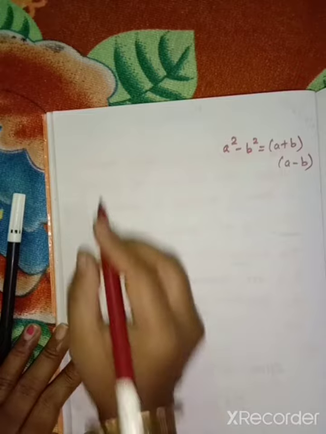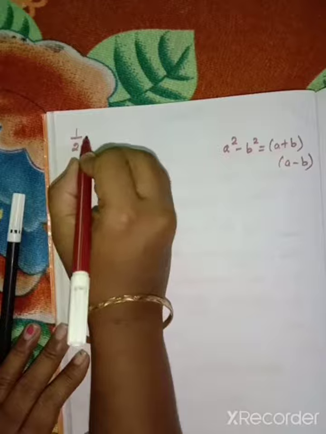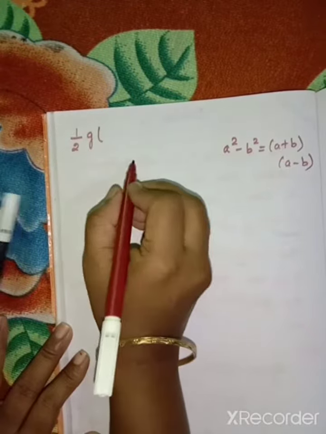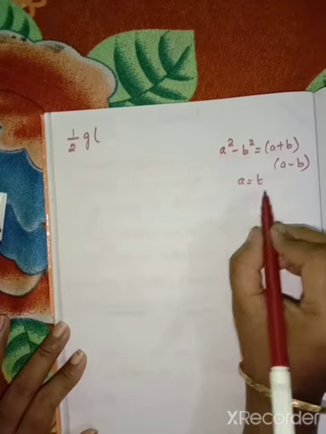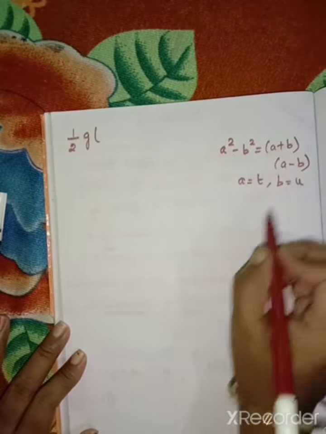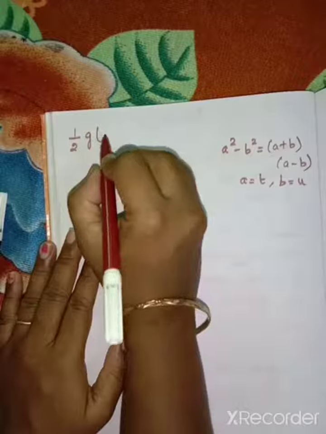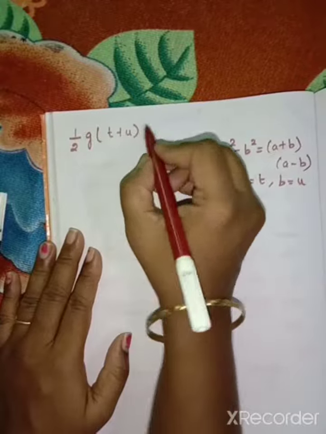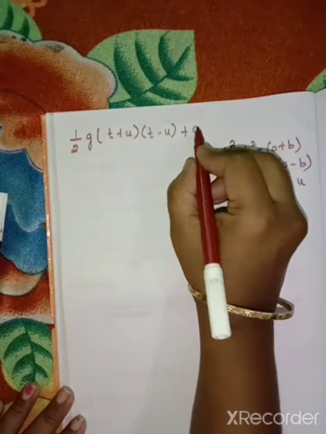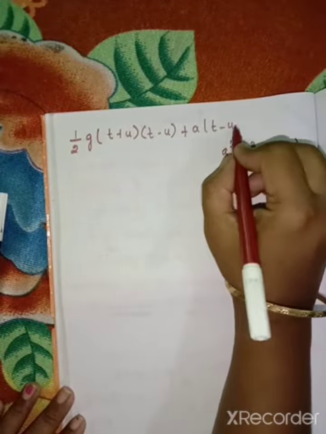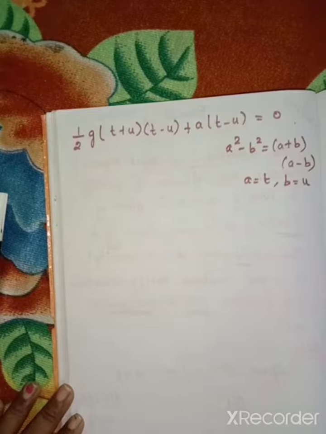So now we have 1 by 2 g times t squared minus u squared. In place of a we substitute t, and in place of b we substitute u. So that is t plus u into t minus u, plus a into t minus u, equal to 0.